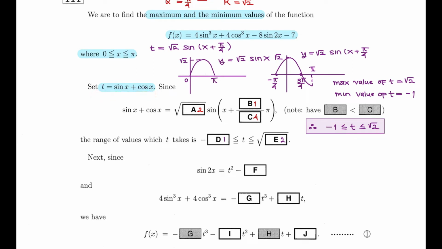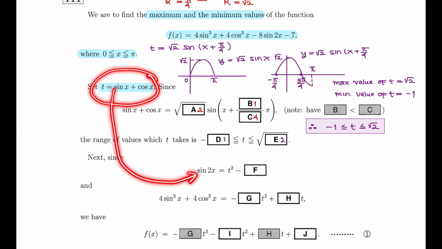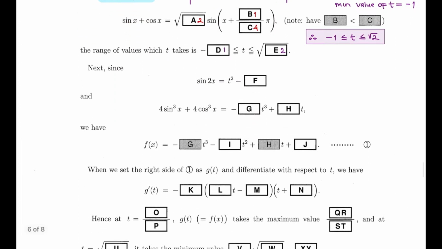So I think it makes sense to start from this equation, and then I will manipulate it to obtain sine 2x. So let's start from t equals sine x plus cos x, and then I want to find sine 2x.